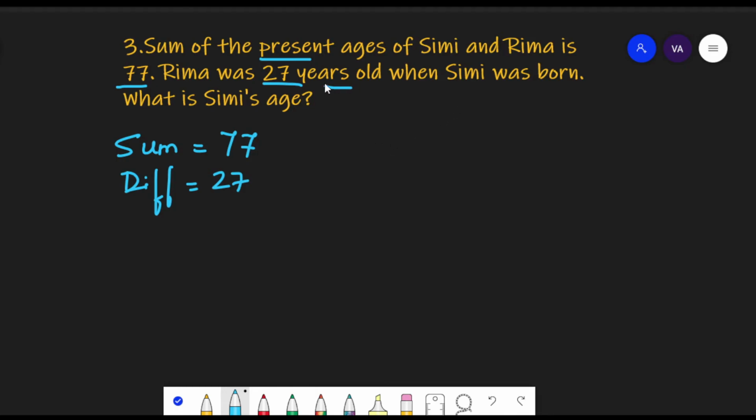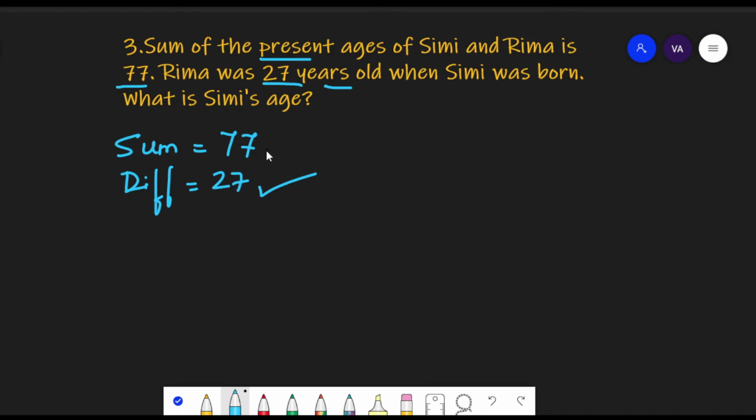After 1 year, when Simi is 1 year old, Rima will be 28. So again the difference remains the same, 27. After 2 years, Simi will be 2 years old, Rima will be 29. So remember, the difference between the ages never changes. At birth, whatever the difference was between any two persons, it does not change.